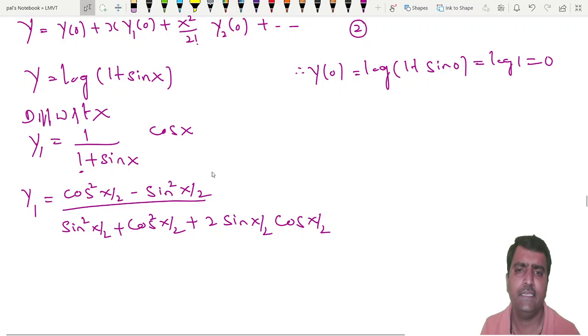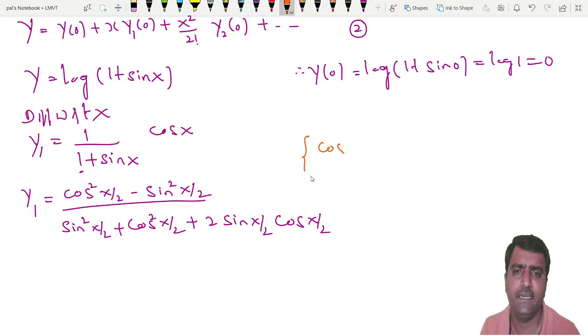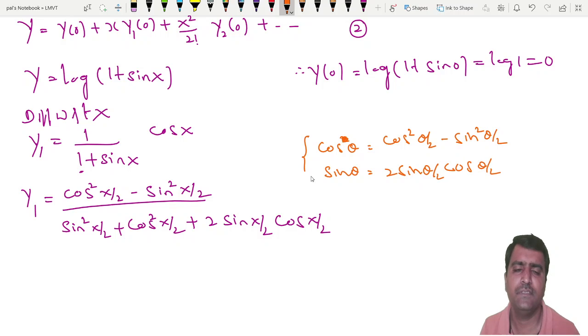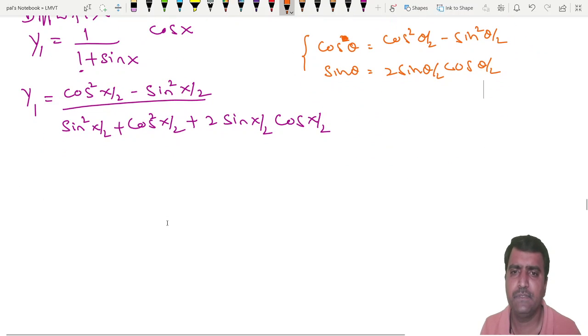What identities I am using here: cos theta is equal to cos square theta by 2 minus sin square theta by 2, and sin theta can be written as 2 sin theta by 2 into cos theta by 2. Those are two familiar trigonometric identities. Yes, we are using that.